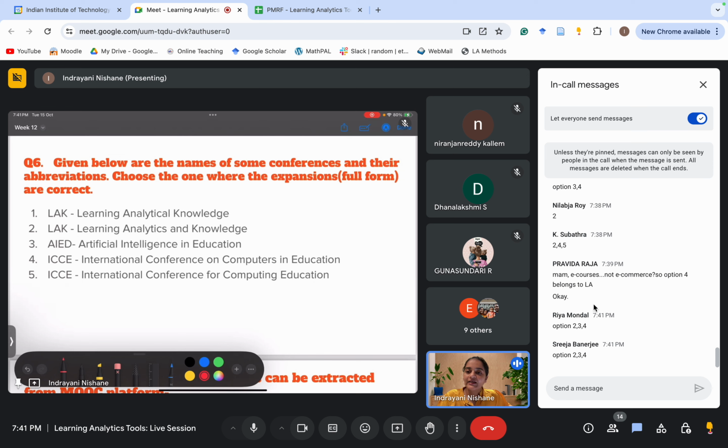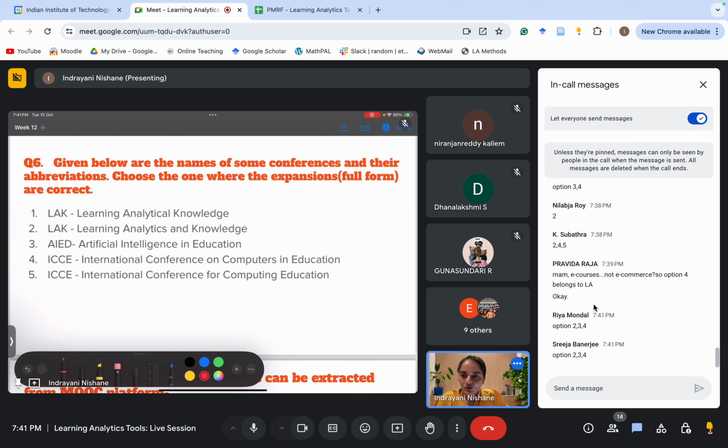So learning analytics and knowledge is the full form for LAK. AIED, as the name suggests, is artificial intelligence in education, and ICCE is International Conference on Computers in Education and not computing education. Okay, so these are computers in education.